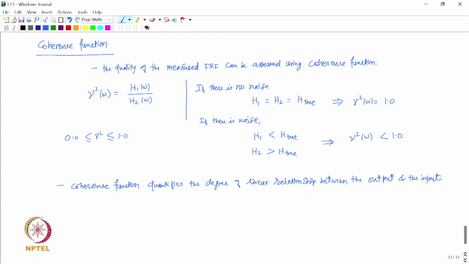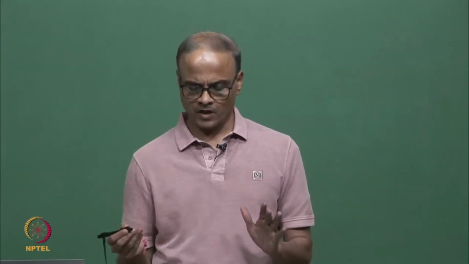If the output and input are perfectly linearly related, then the coherence will be 1. But if there is noise, then this linear relationship is broken down, and the extent to which it is broken down depends on the amount of noise.